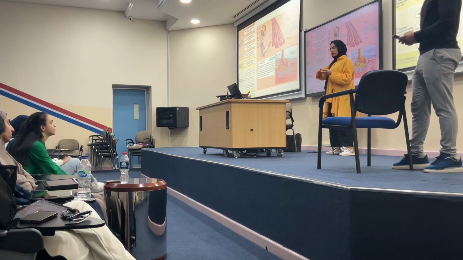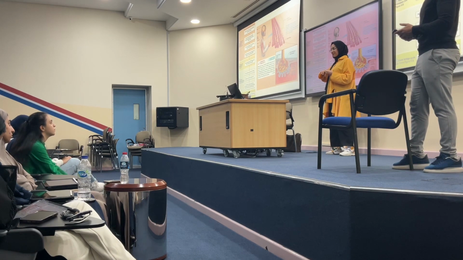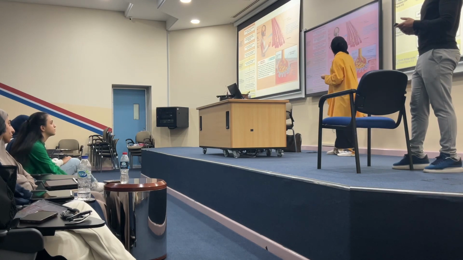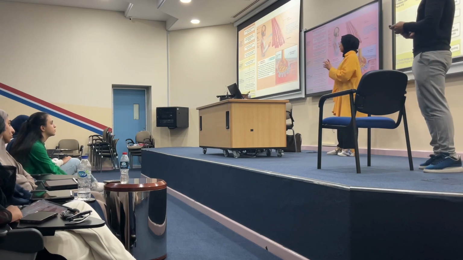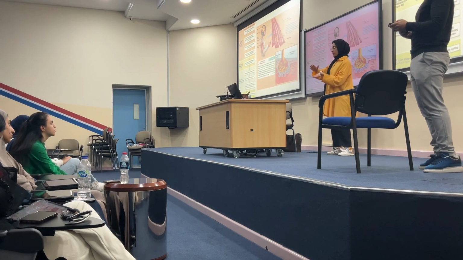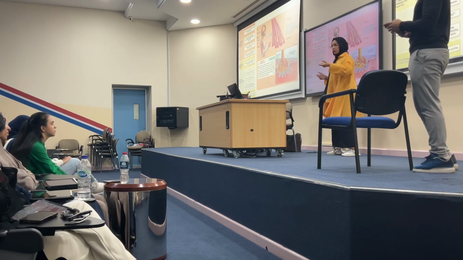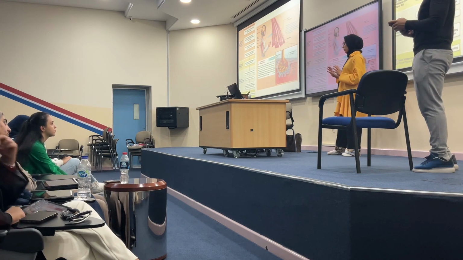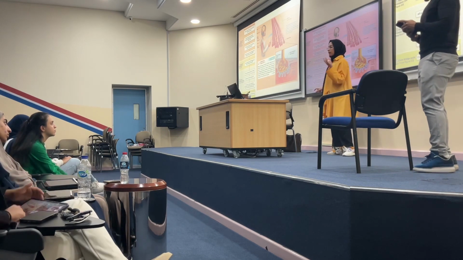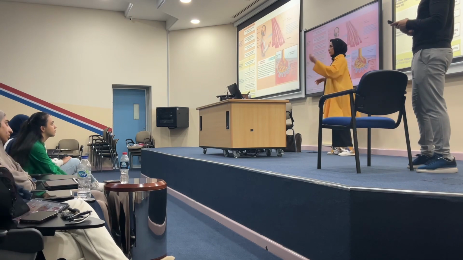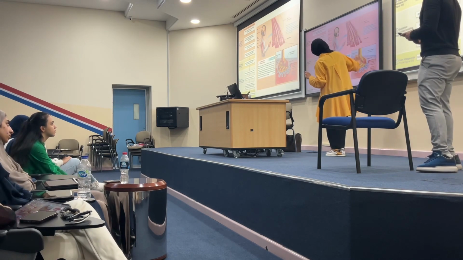Calcium will bind to troponin, and once it binds, troponin will cause a movement of the tropomyosin to expose my binding sites. Once the binding sites are exposed, myosin will bind to actin and form the cross bridges. And then we have the power stroke, the movement, and all of that.